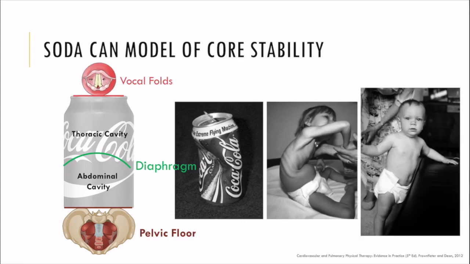You can see the difference between these kiddos in the pressure generated in the central cavities, almost like a balloon inside of them, holding them up, stabilizing the spine, and allowing the freedom of the movement of the distal extremities.